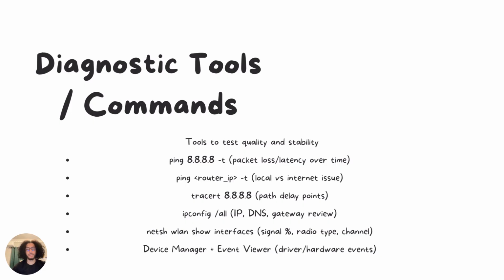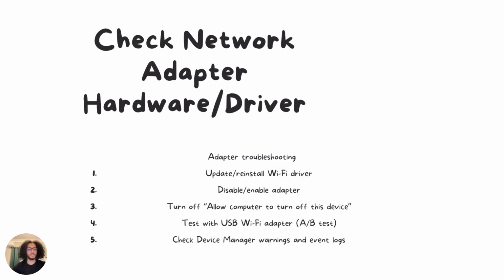Okay, the sixth slide: check the network adapter, hardware and driver. To rule out the driver, I will update or reinstall the Wi-Fi driver from Device Manager. I will test Windows turning off the adapter's power saving.